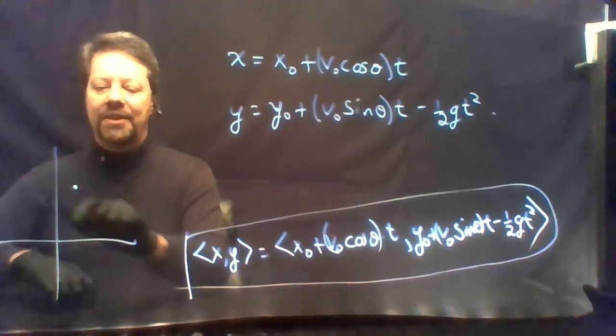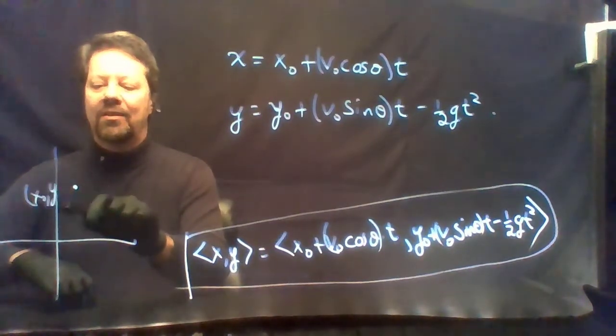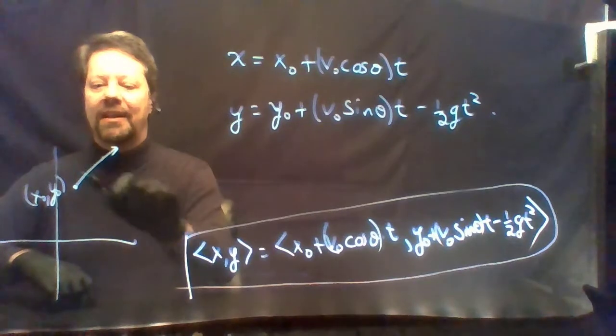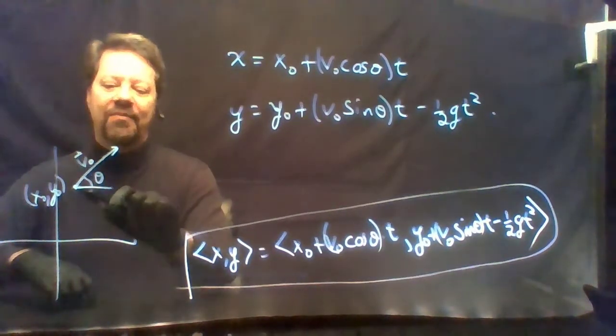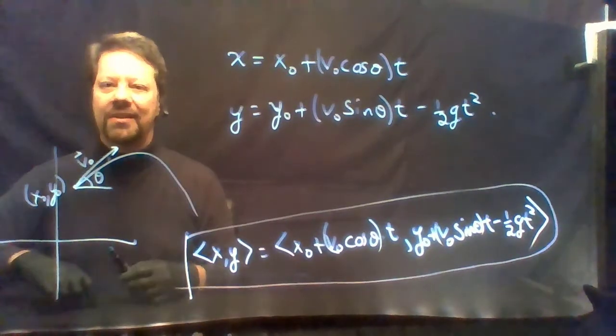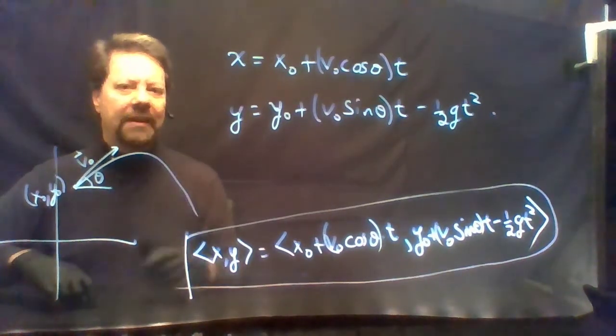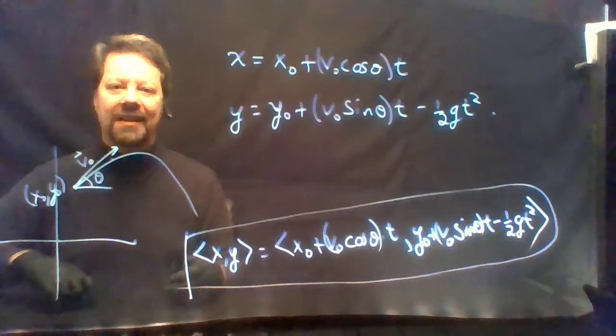So we're starting at some initial position x0, y0, launching at some initial velocity through some angle theta, and watching the object progress ballistically, completely ignoring air resistance and other factors.